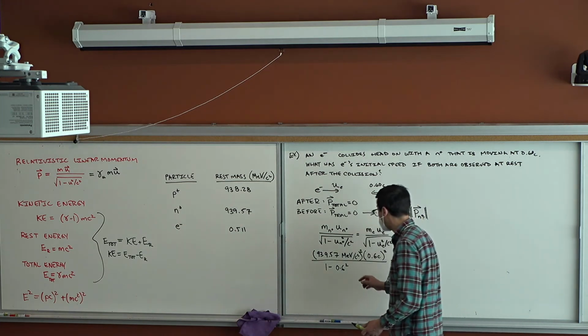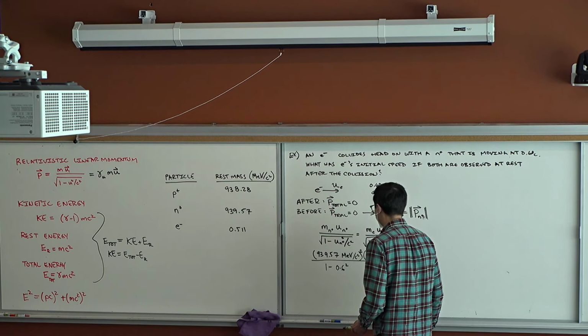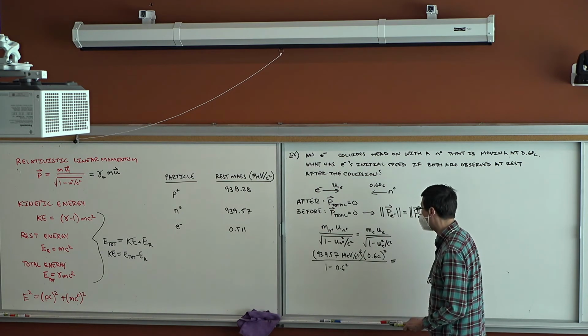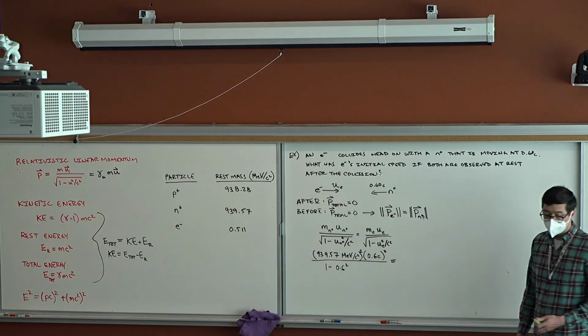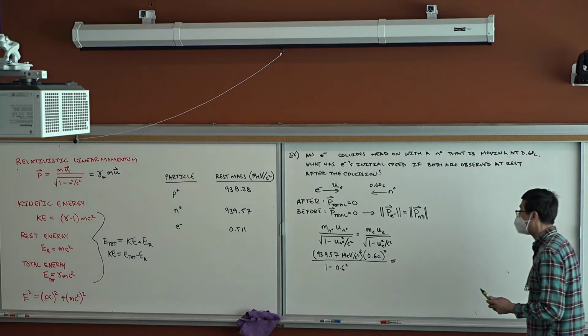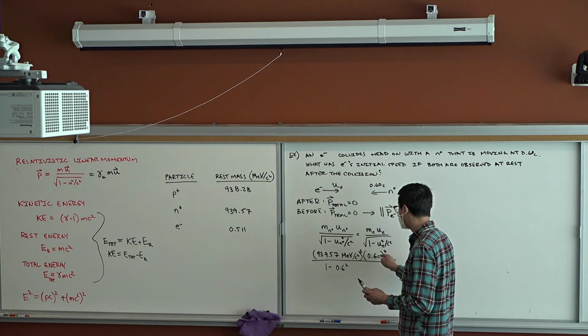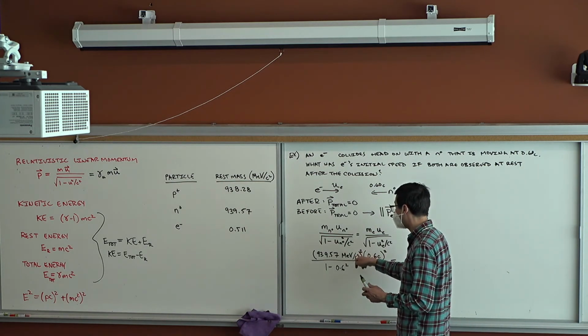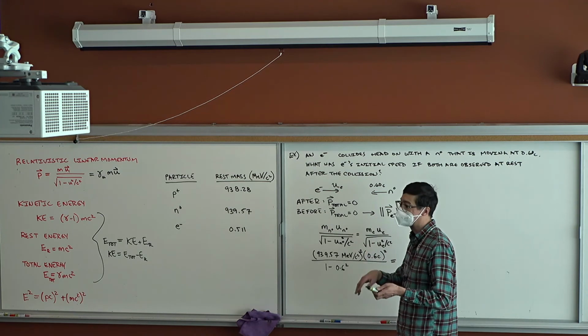Notice that we could simplify this a little by stealing a c squared from this to get rid of one of the c squareds from this. I'm not going to bother with that for now.